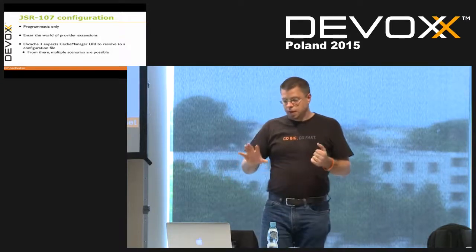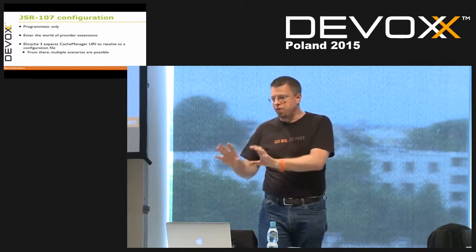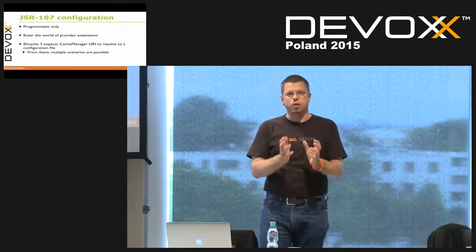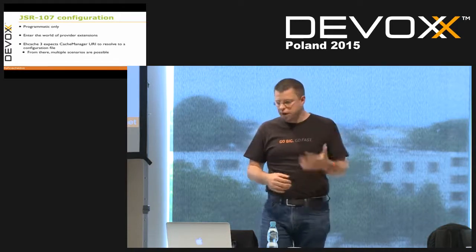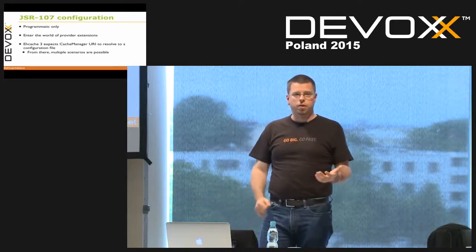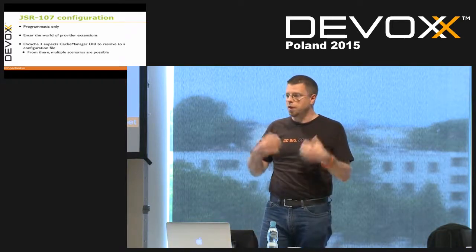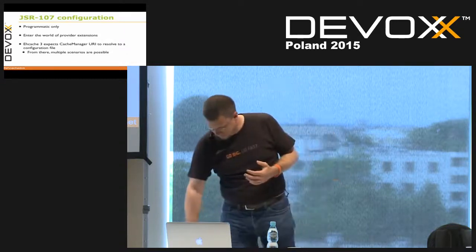But since you're forced to go into the provider specifics for configuring your caches, because otherwise you've got no capacity control, we've tried to think a bit more about the different options we wanted to offer JSR-107 users when they use Ehcache as an implementation.